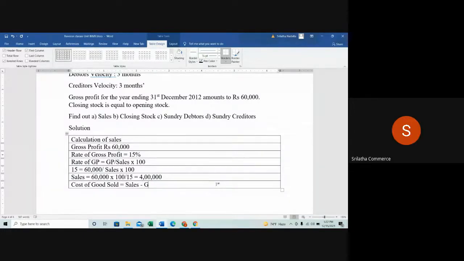Very good. Sales minus gross profit is equal to cost of goods sold. So cost of goods sold is equal to sales, 4 lakhs, minus gross profit, 60,000. 3,40,000. So we got the cost of goods sold also. So the first part is clear for you all.